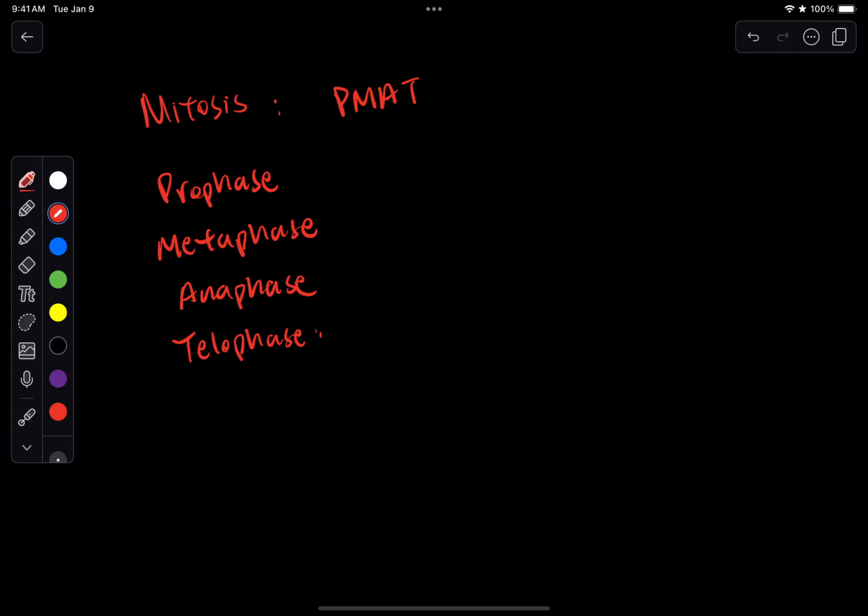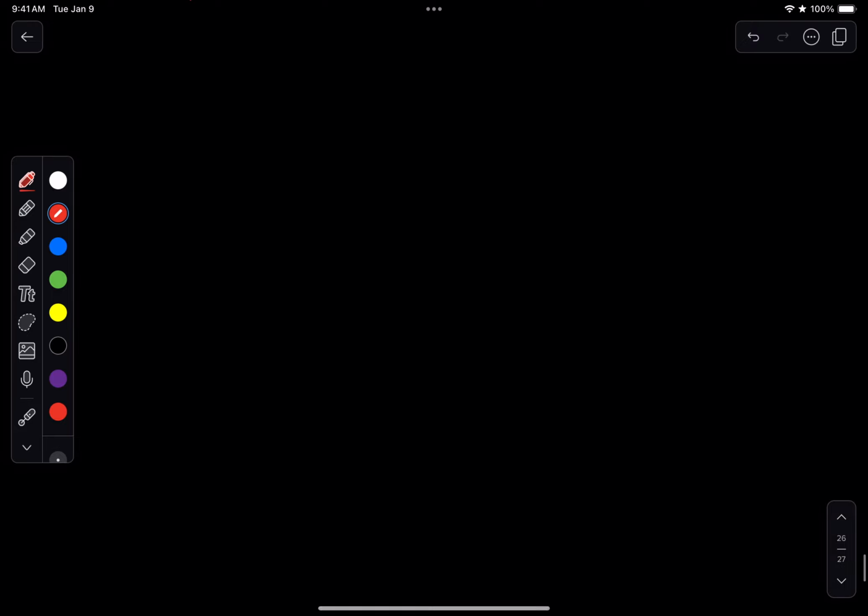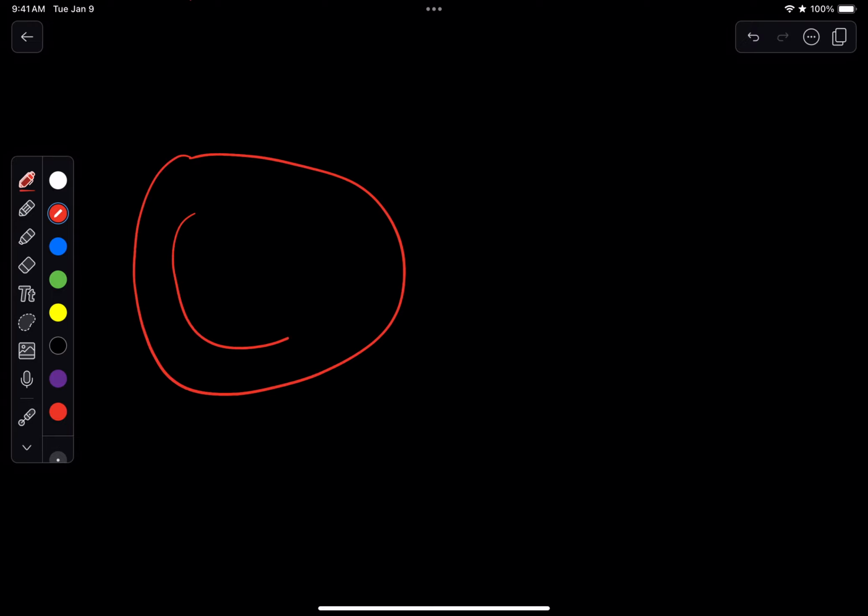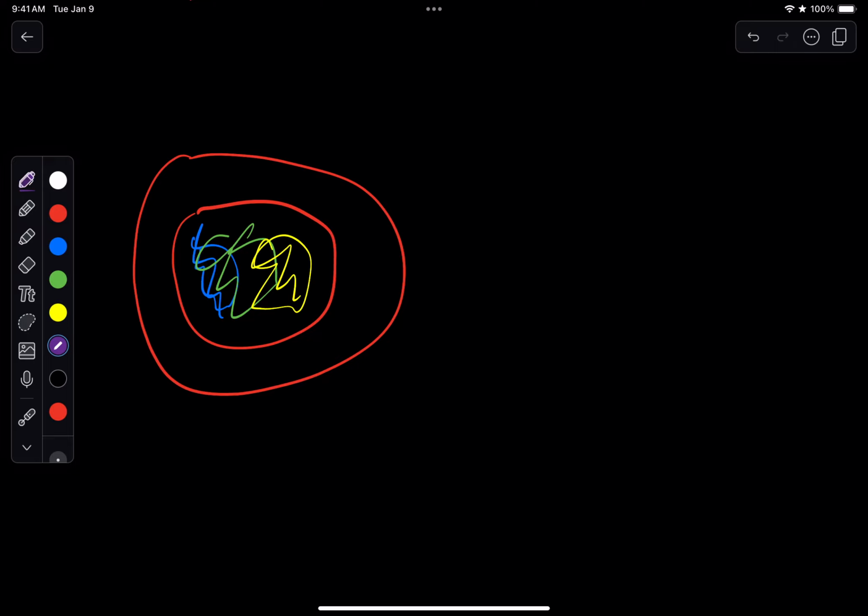Prophase is when the nuclear envelope dissolves. So let's say we have a cell here, and this is the nucleus. We're going to make it have 4 DNAs, those are the 4 colors I'm going to use. The DNA is all over the place because it has to be wound up so that it can be easily read. So these are the four chromatins that we have. This is prophase.